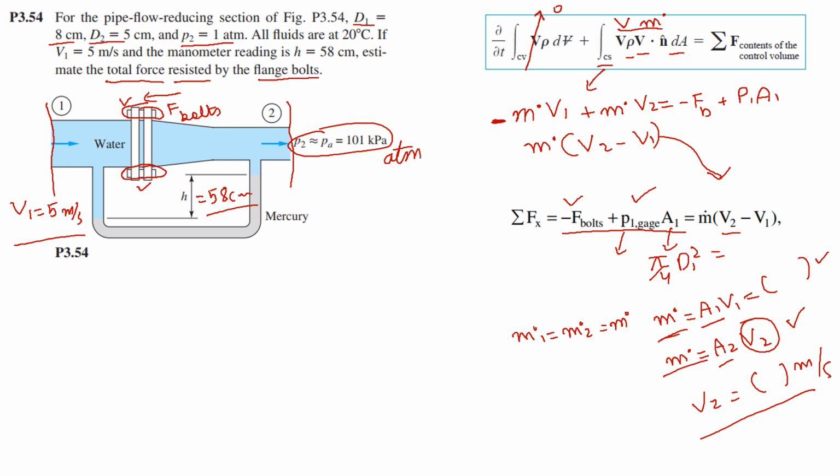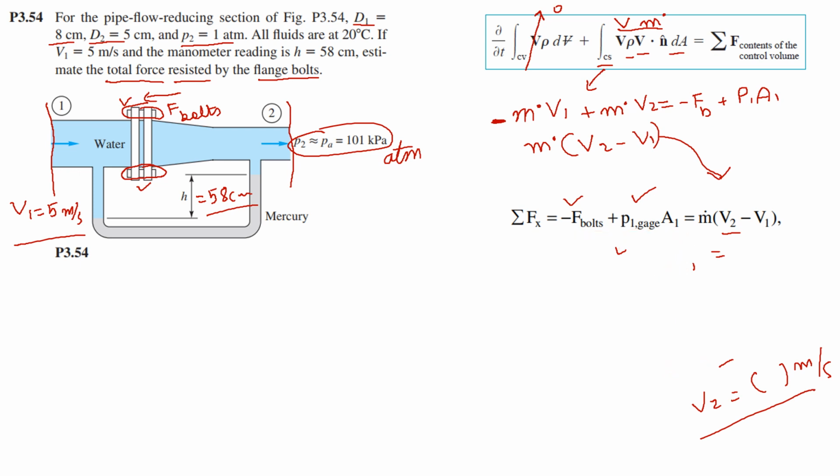So now what we are required to do is to find the pressure at P1, and for that purpose we are going to use our manometer as we did in the previous problem. But now I am not going to write the equations that I used for the manometer to find the differential pressure at point 1 and point 2.